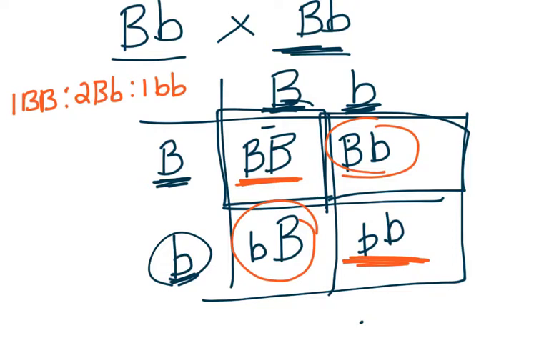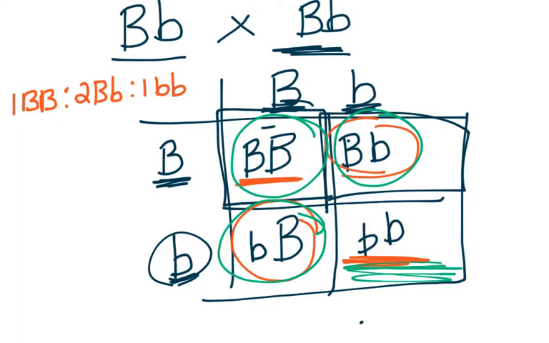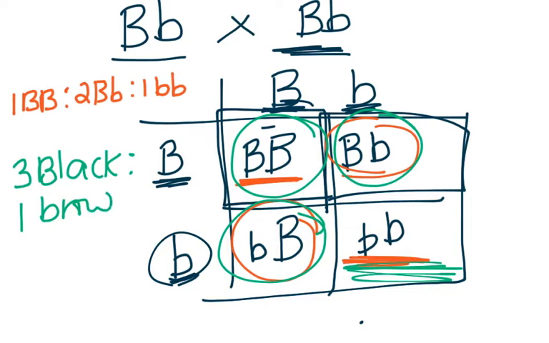So that is looking at my black to brown mice. In this case, I have black, black, black, and only 1 brown. So my ratio would be 3 black to 1 brown. So that is indicating my phenotypic ratio.